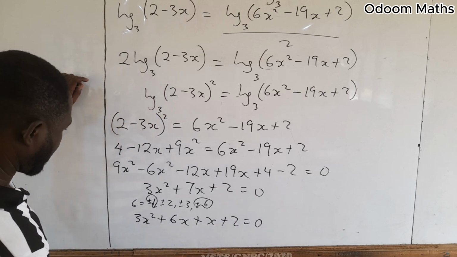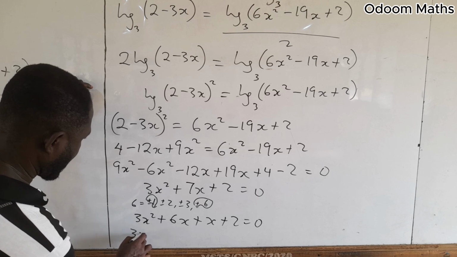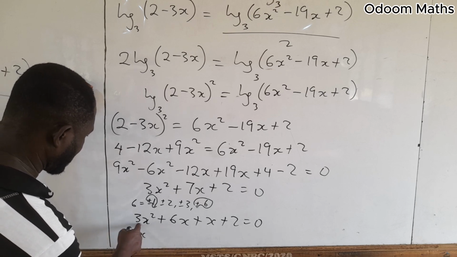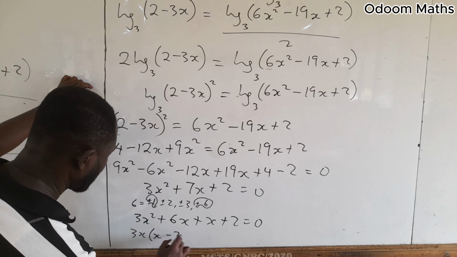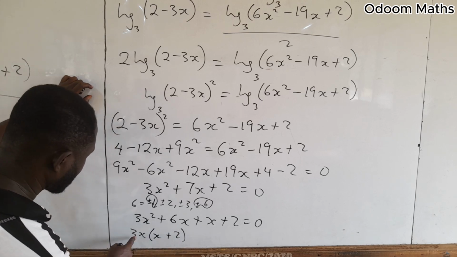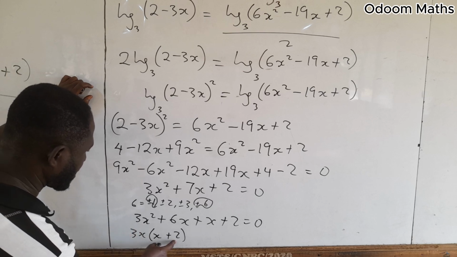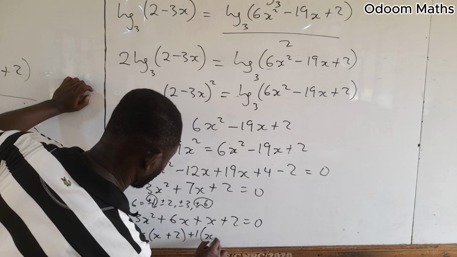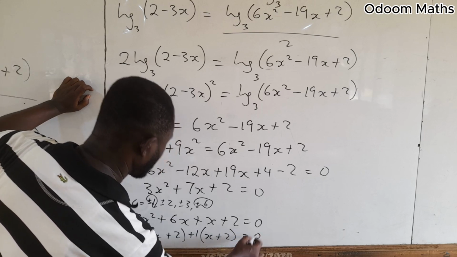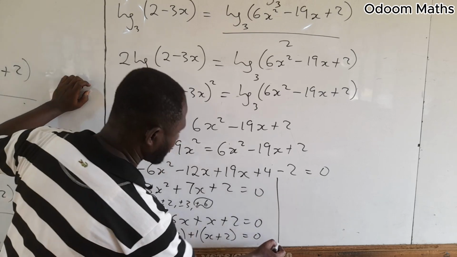Okay, now from here I have 3x because 3 can divide this and this one, and then x is here, x is here, so 3x, then x plus 2. That is, this and this is 3x squared, this and this is 6x. Then on this side I have plus 1 out, x plus 2 equals 0. Okay, let me continue just from here.